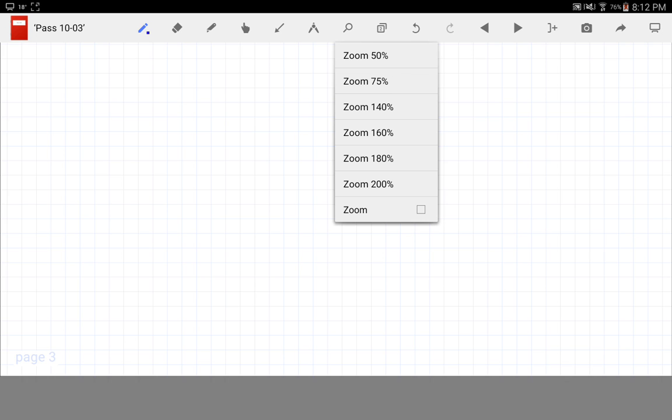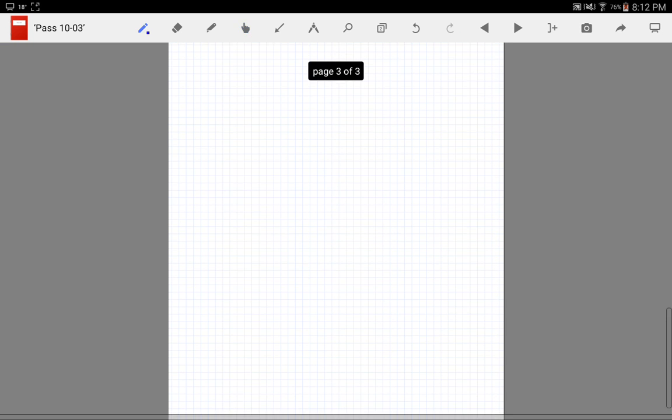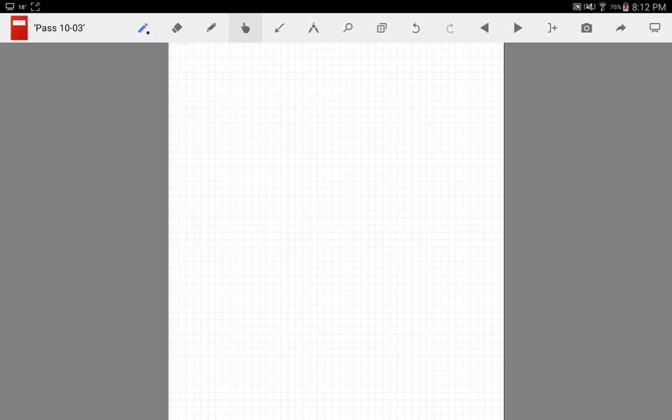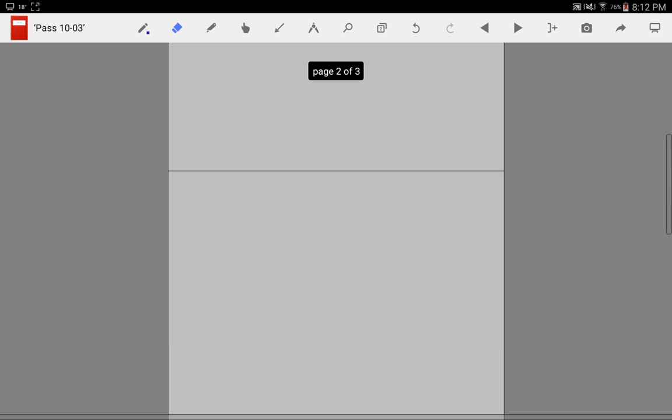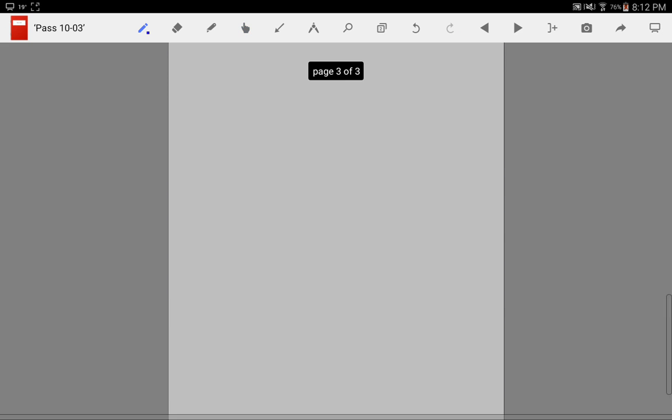Let me condense this. You only have to find it for the initial final, so we're going to keep going. We had 3 meters per second plus V1 final, so we can just throw our V1 final into that and get your V2. Did you get 12.519?